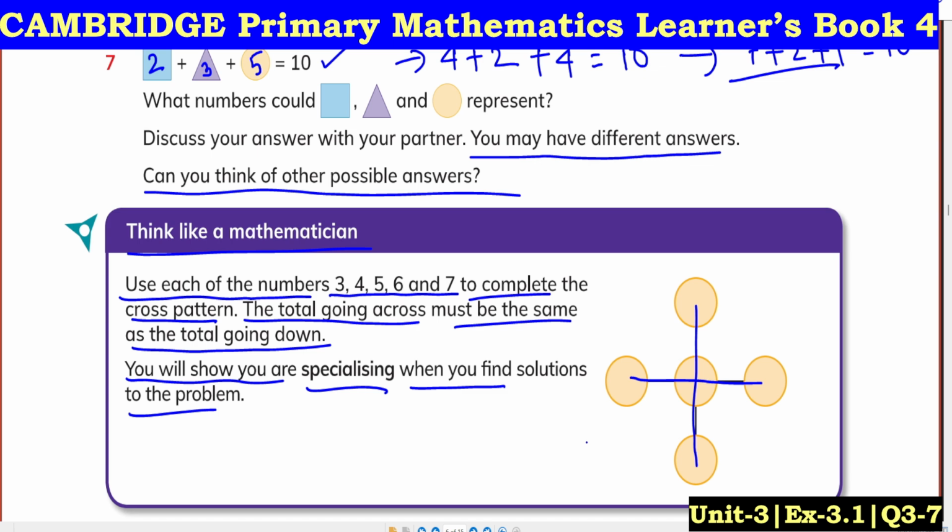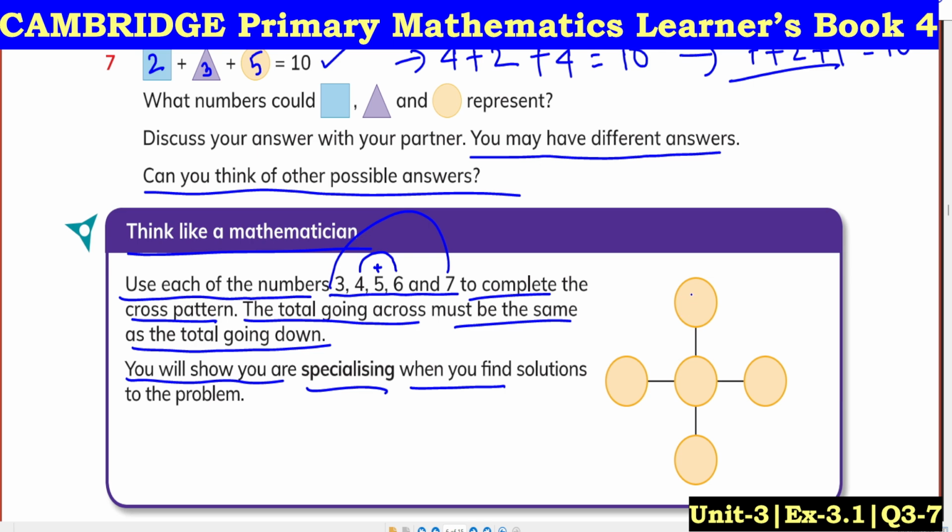So how can we make this? What can we do? Let's say 4 plus 6 is 10, plus 5 is 15. Same thing, 7 plus 3 plus 5 is also 15.